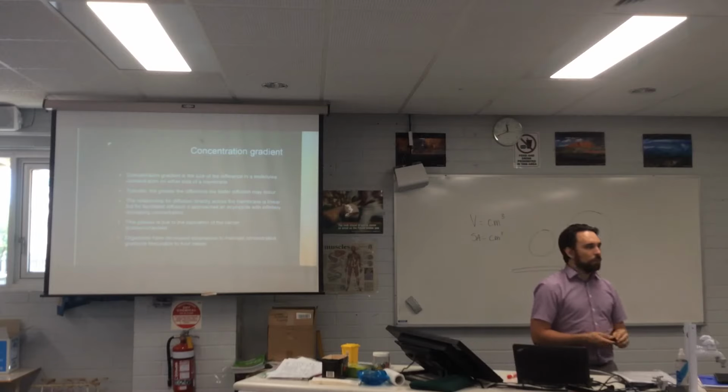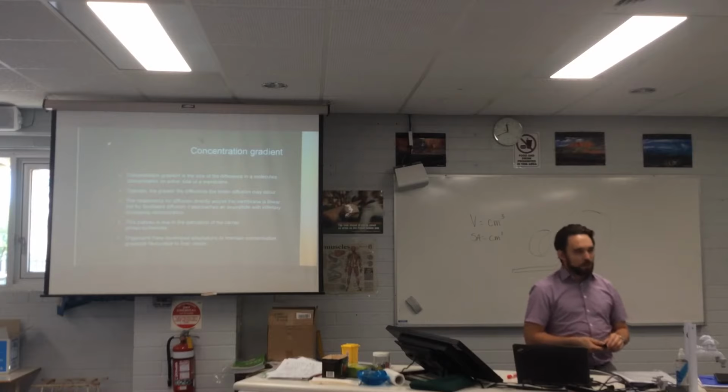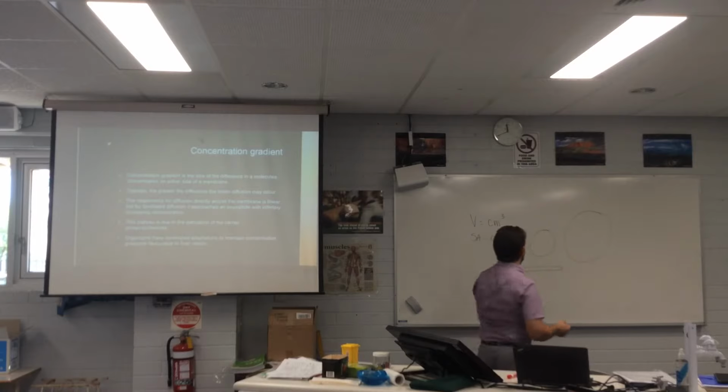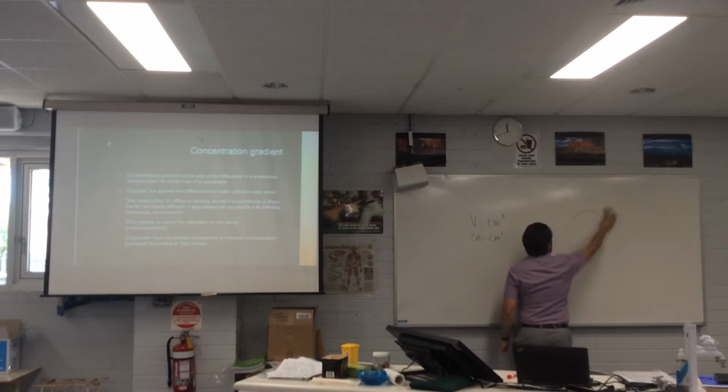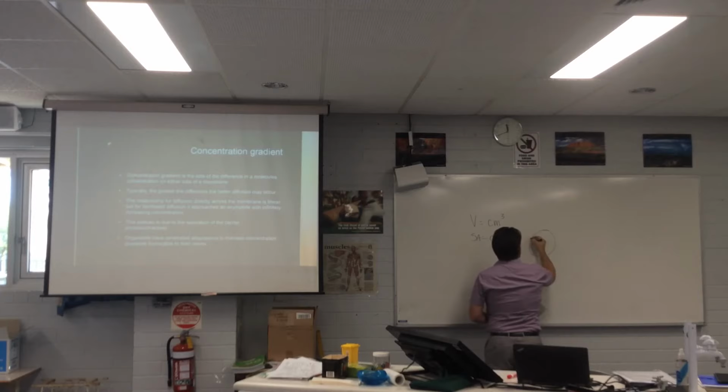To get to its original. Possibly, kind of. I'll use the cell that I've got up here. I'll use the smaller one because it will mean I'll have to draw less. But so, let's say we've got our carrier protein, and this cell has 4 carrier proteins.